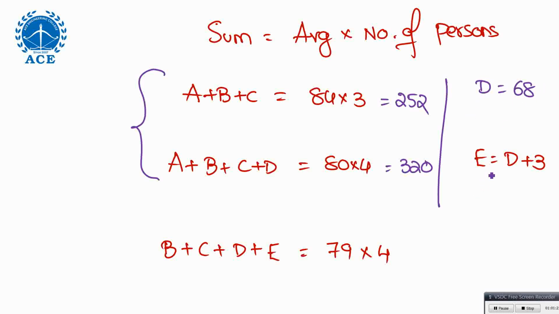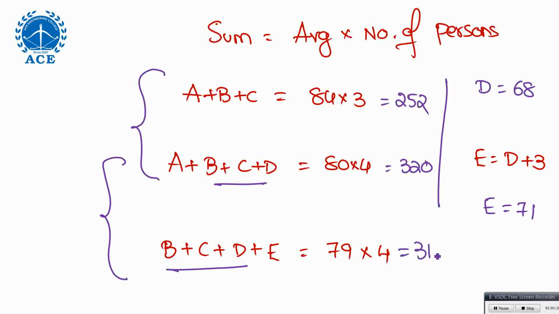Can we identify E now? E will be 71. Using the second and third equations, subtracting BCD common, A minus E equals 4. A equals E plus 4, which is 75.